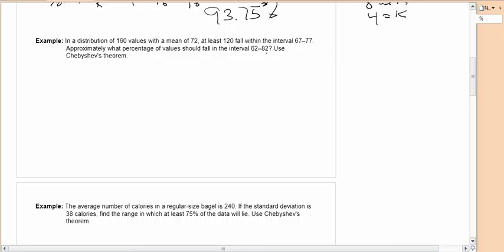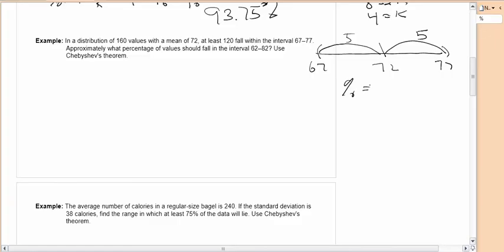What we know is that we have a distribution of 160 data values that have a mean of 72. And at least 120 fall in this interval here. So what do we know? In this interval, 67 to 77, here's our mean, 72. Our distance here is 5. Our distance here is 5. So we're centered at the mean. Well, guess what? What percentage of data is in this interval?